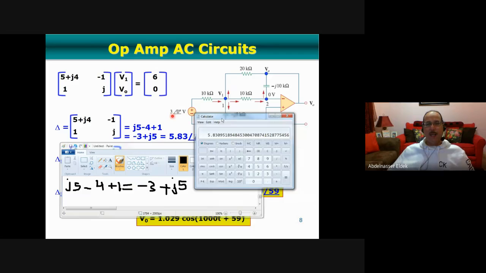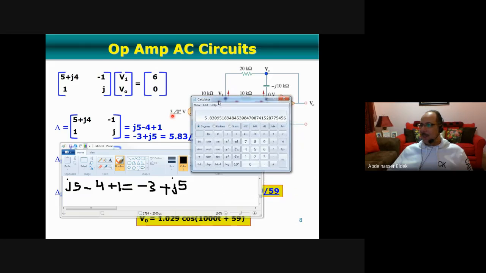Okay, what is the angle here? The angle is 5 divided by -3 equal, and then inverse tan. Inverse tan of 5 divided by -3, equal, inverse tan, which is the angle here.